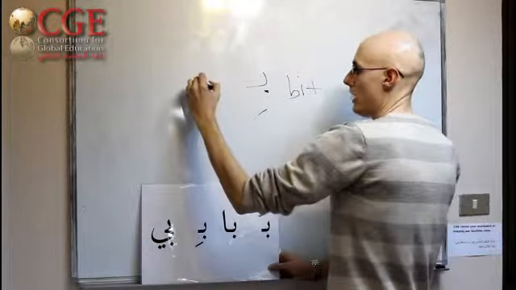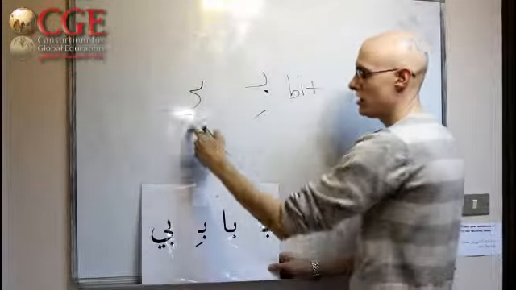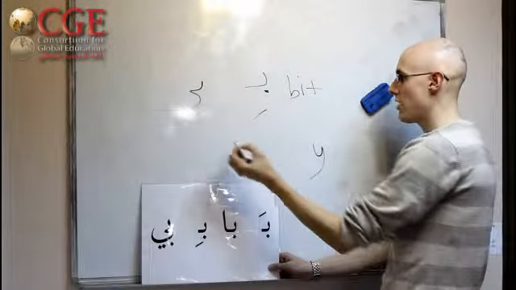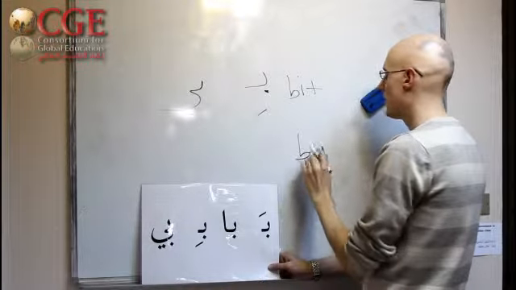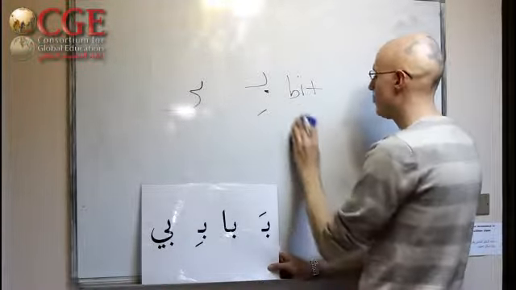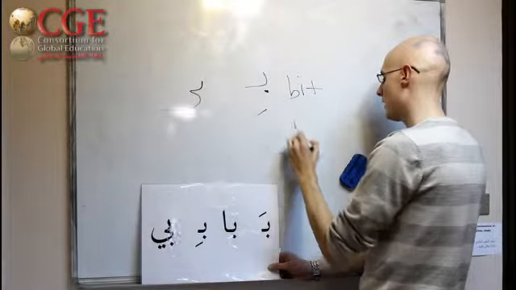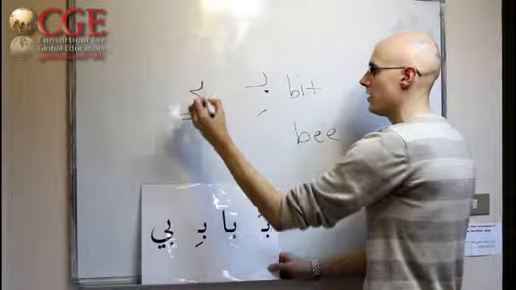Now, for a long vowel, we use a consonant to mark that, just like we do in English with my name Jeremy. You have B, you use a Y, B-Y, except unlike English it says B. In English you say by, B-Y, but this is B, like in the little insect, bee. Don't forget the dot there.